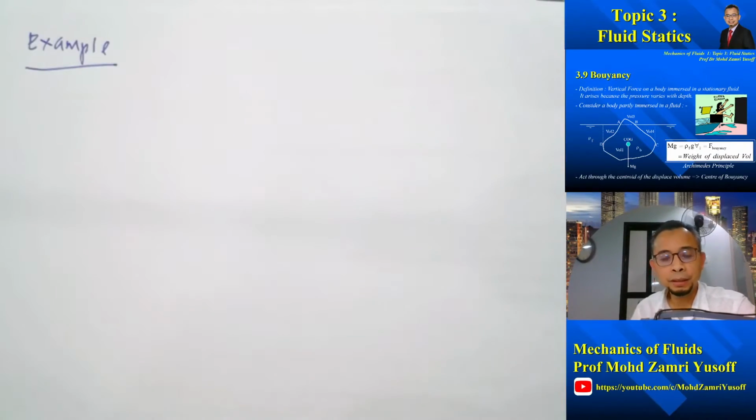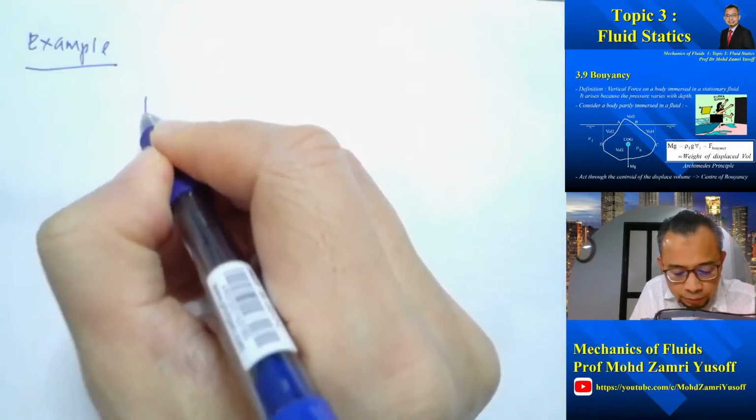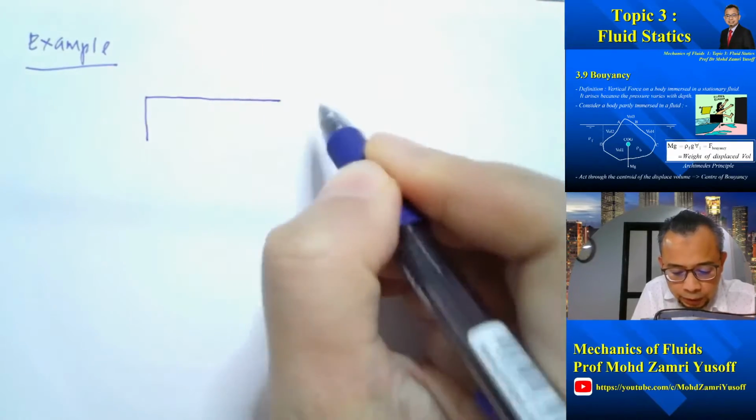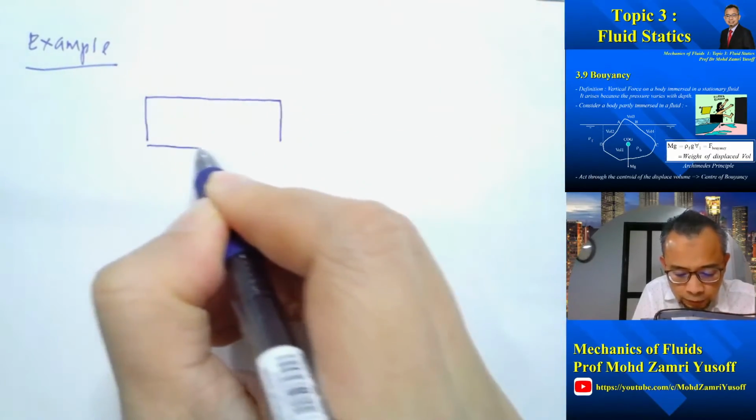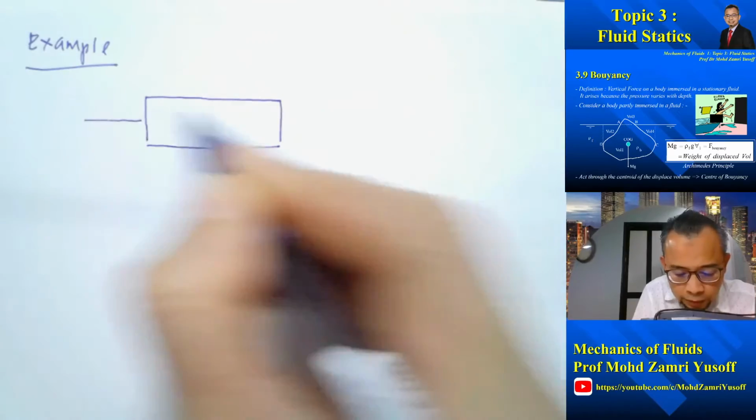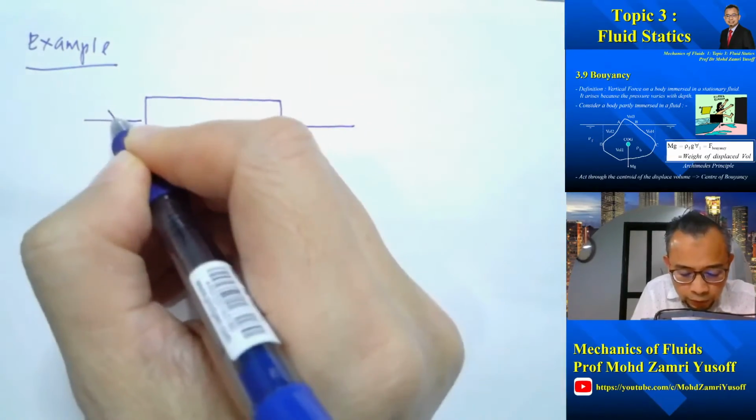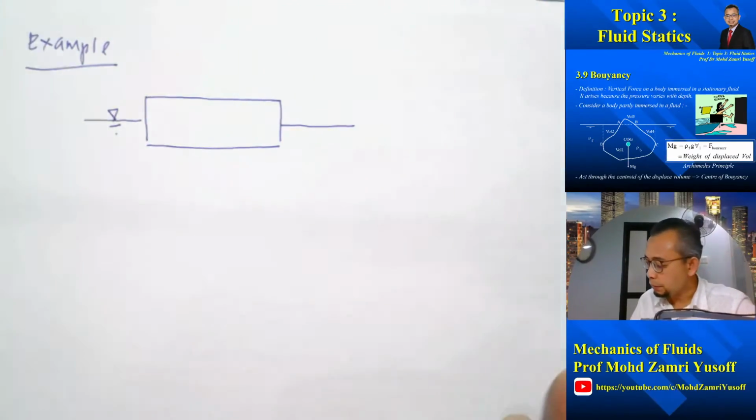If we consider a simple example of a floating body, let's say we have a body like this, and it is floating inside a fluid.